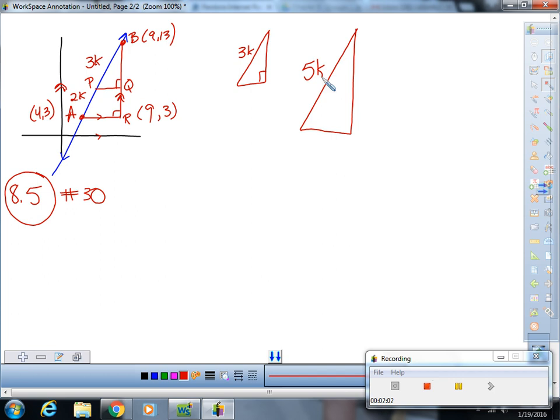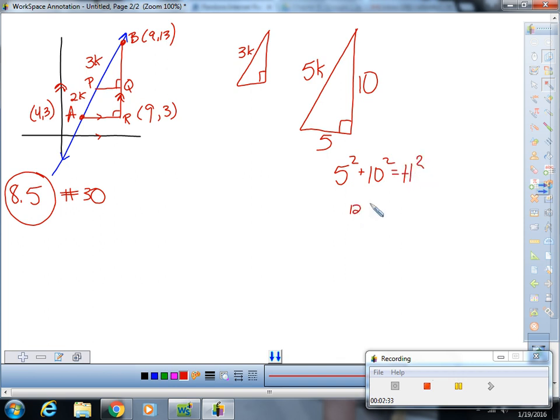And we know that from AR, from 4 to 9 is how many spaces? That's 5. And from 3 to 13 is how many spaces? That's 10. Okay? So we should be able to use the Pythagorean theorem to find out what our hypotenuse is. So 5 squared plus 10 squared is h squared.